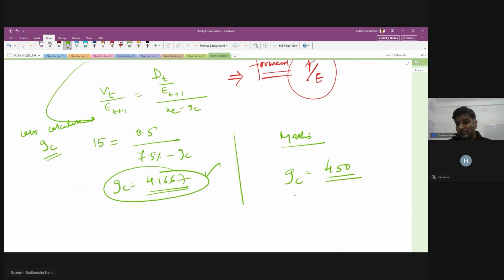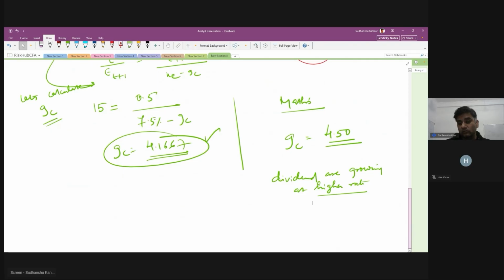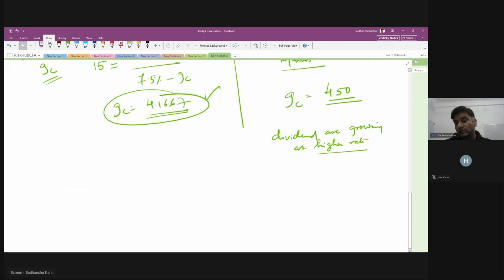So basically, if dividends of companies or of any index are growing at a higher rate, you tell me, what is the expectation of the future?